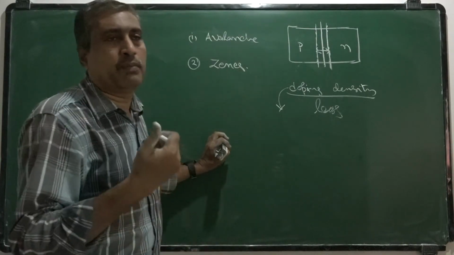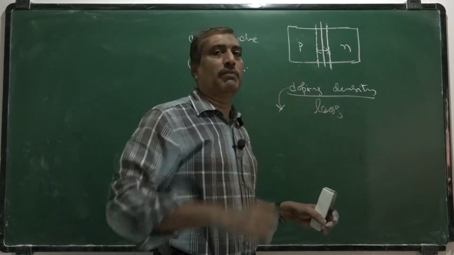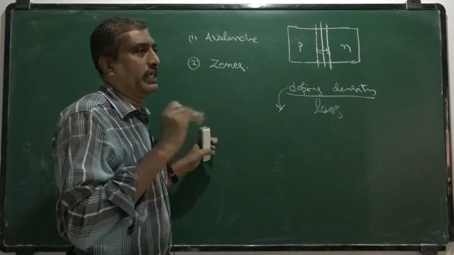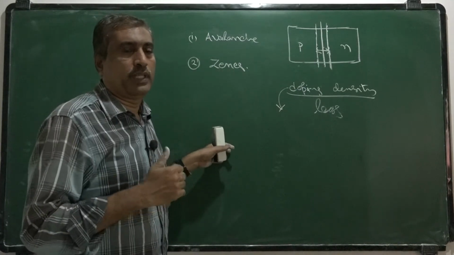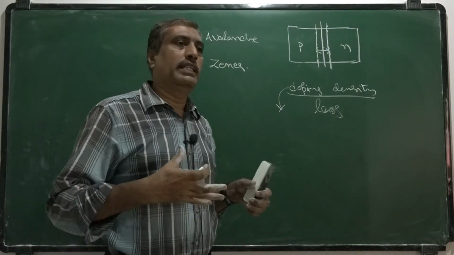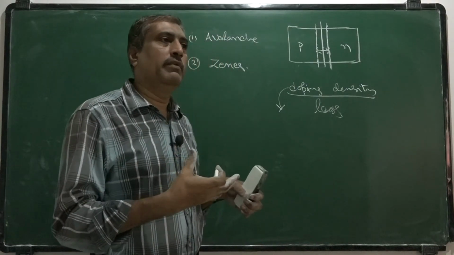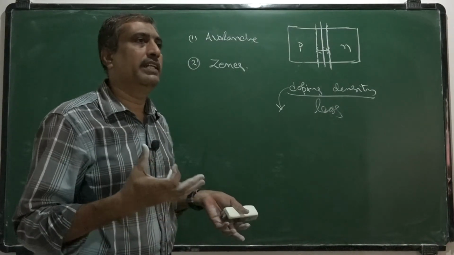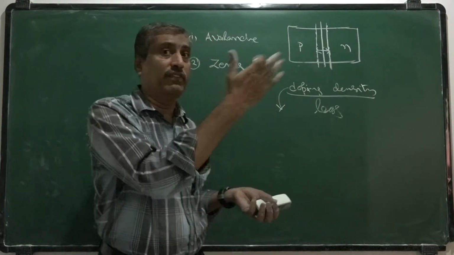But as we increase the applied voltage, these minority carriers will be accelerated by the applied electric field. So they are accelerated, which means they gain kinetic energy. Okay. They may collide with the electrons within the bonds, because these are free electrons.